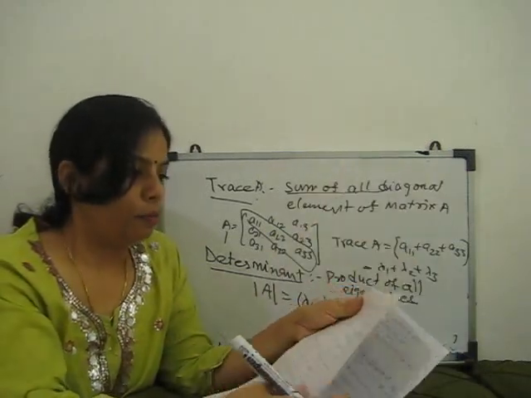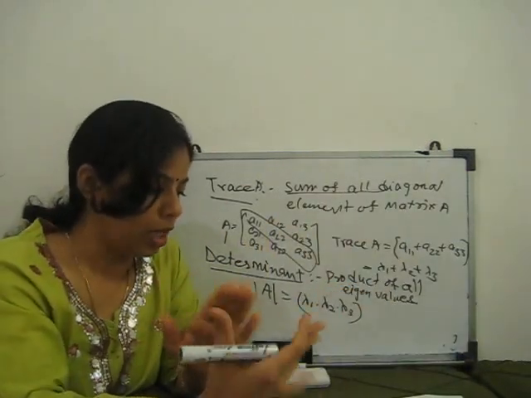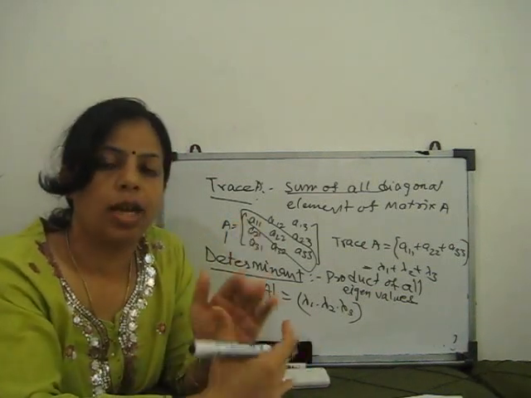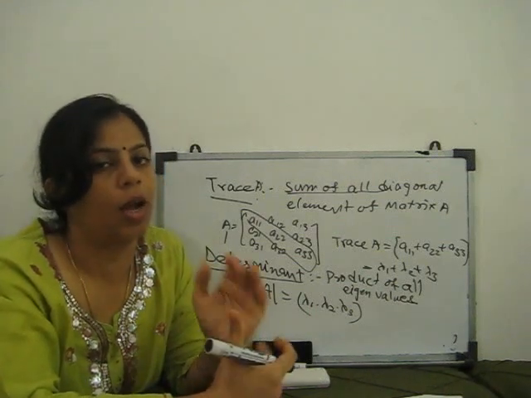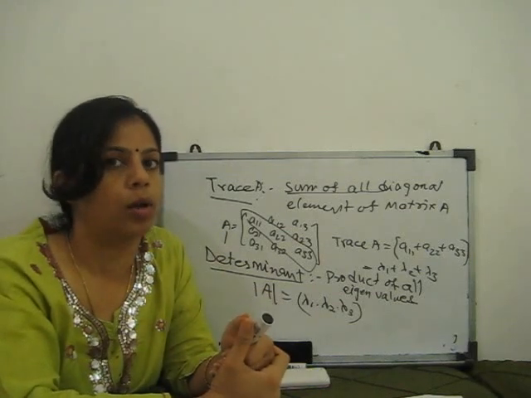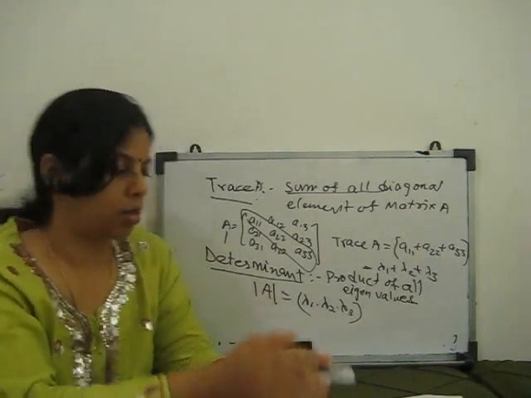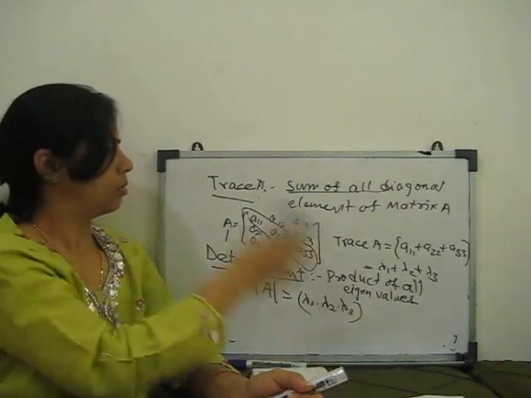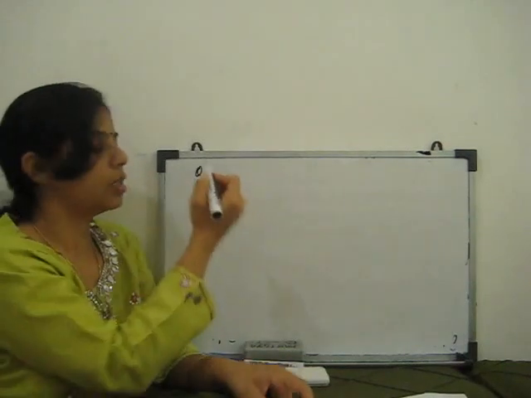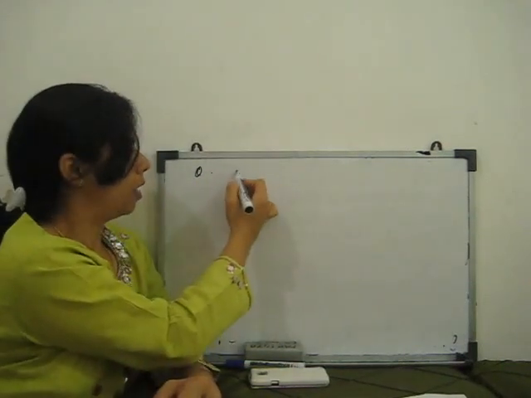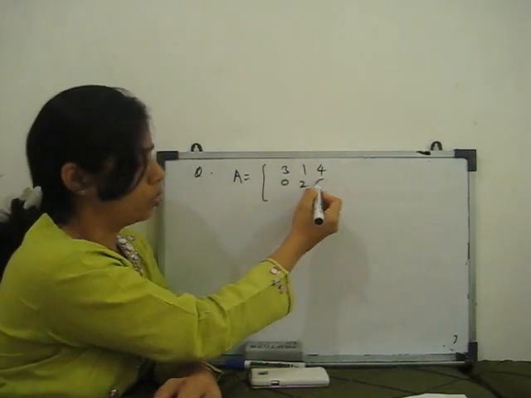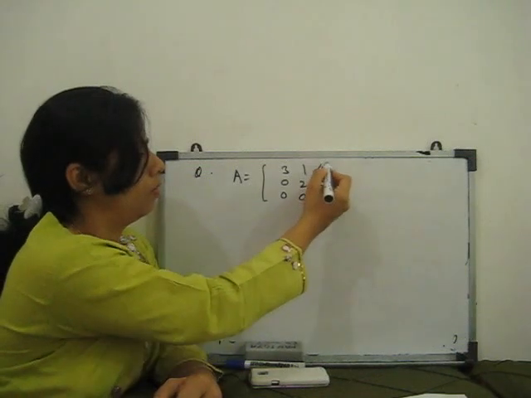Similarly, if we have a square matrix, we have to find the eigenvalues and eigenvectors. Then how to find them? Now I will explain with the help of one example, so you can better understand how to find the values and corresponding vectors. Question: find the eigenvalues and eigenvectors of the given matrix A = [3 1 4; 0 2 6; 0 0 5].